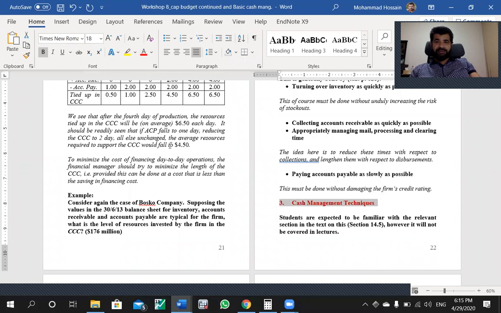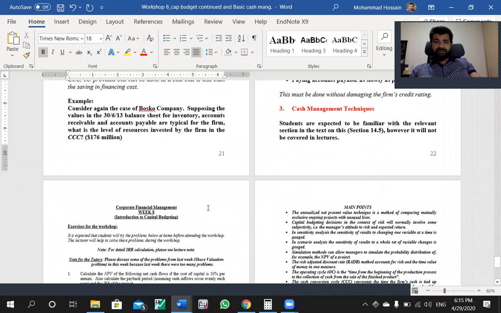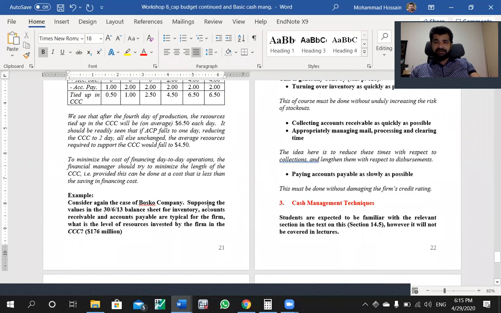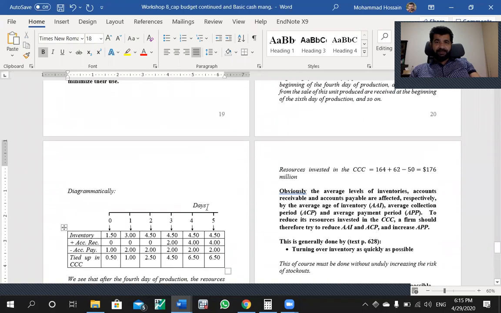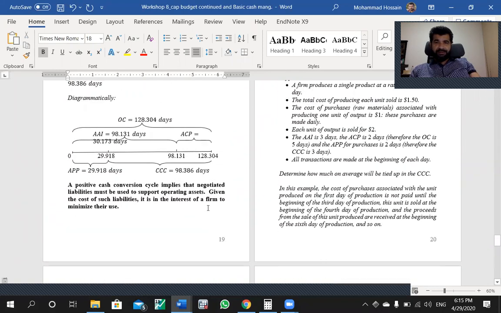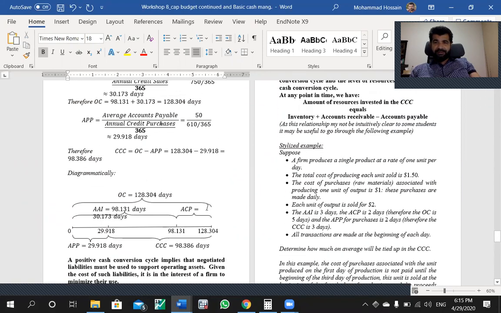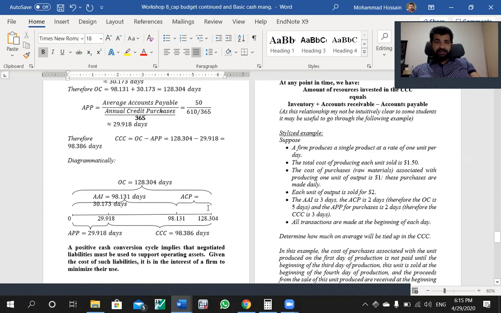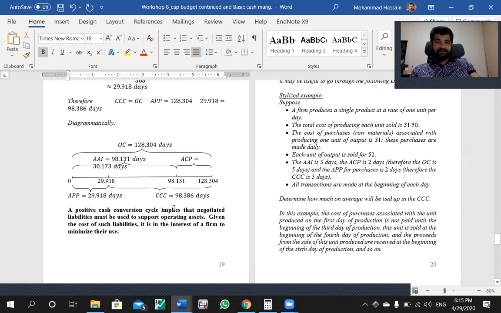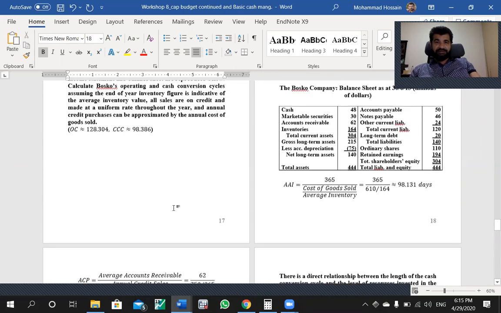Cash management technique. Another topic we actually discuss here is this. Okay, let's talk about these two first, then we'll come back to this.